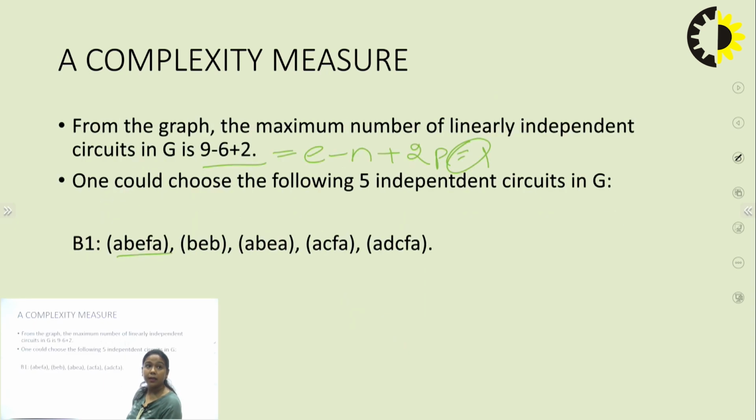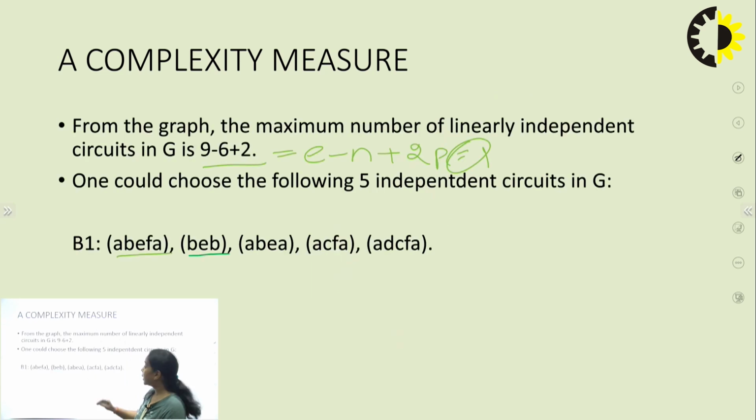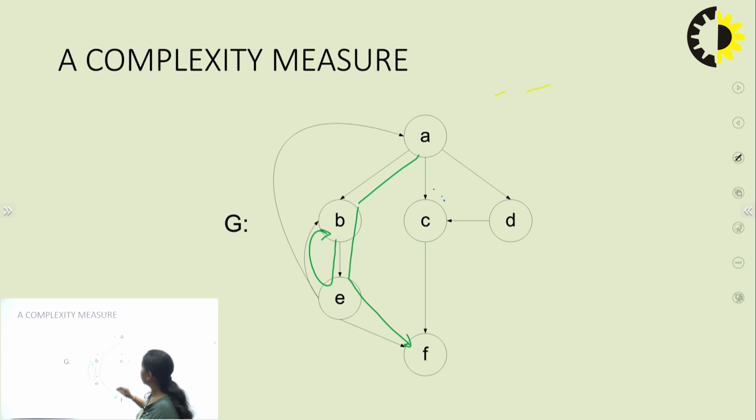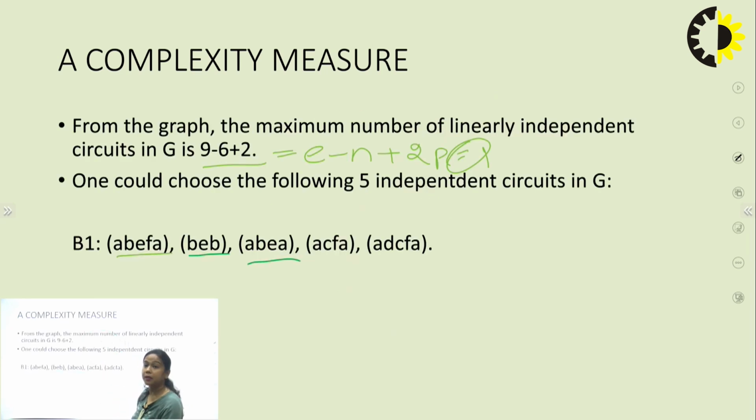Next is B, E, B. That is the circuit, here B, E and B. Then next is A, B, E, A. Here is A, B, E and A. This is another path.